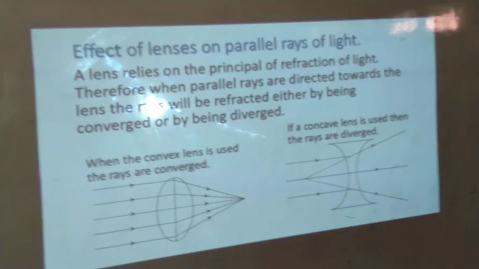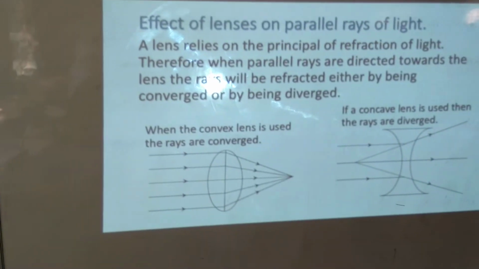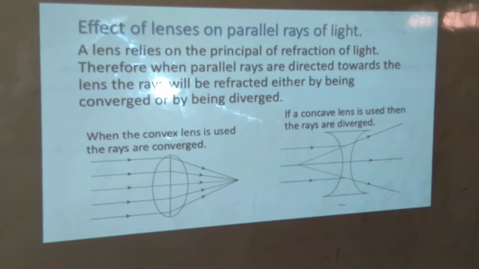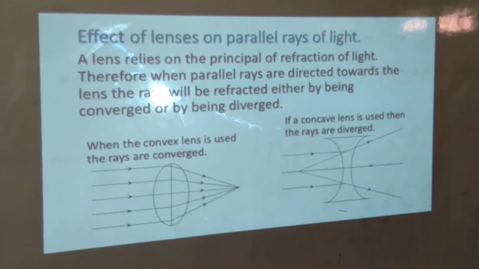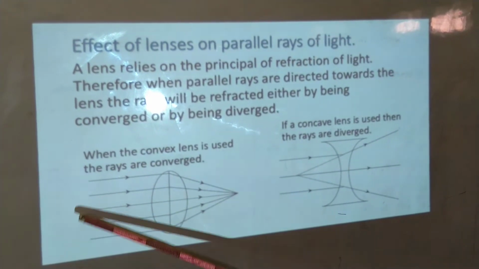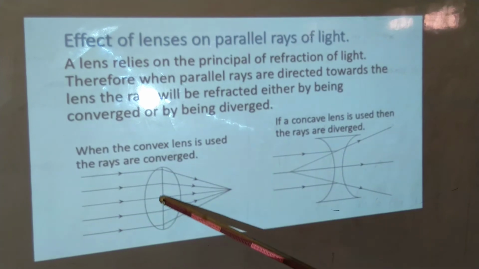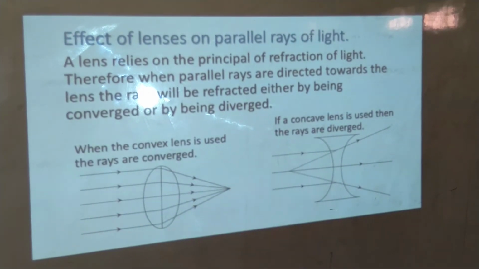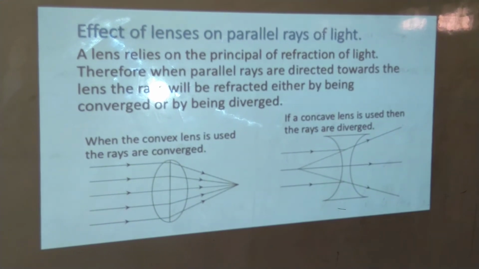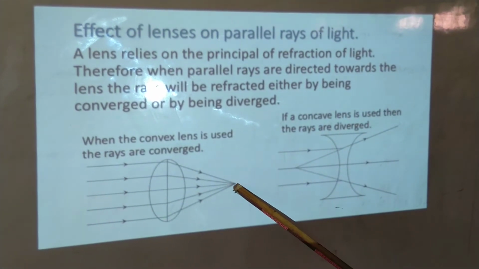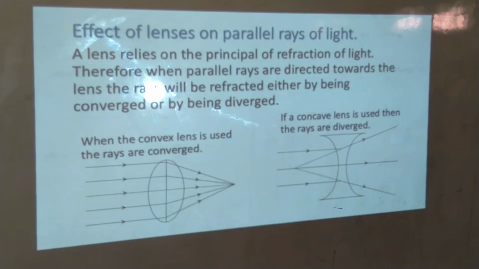Effects of lens on parallel rays of light. What happens when rays strike one side of the lens? As we said, the lens is a transparent material, so light goes through, but the moment it reaches the middle, this light is being refracted such that they are focused at a common point, which we can see in the diagram like that.